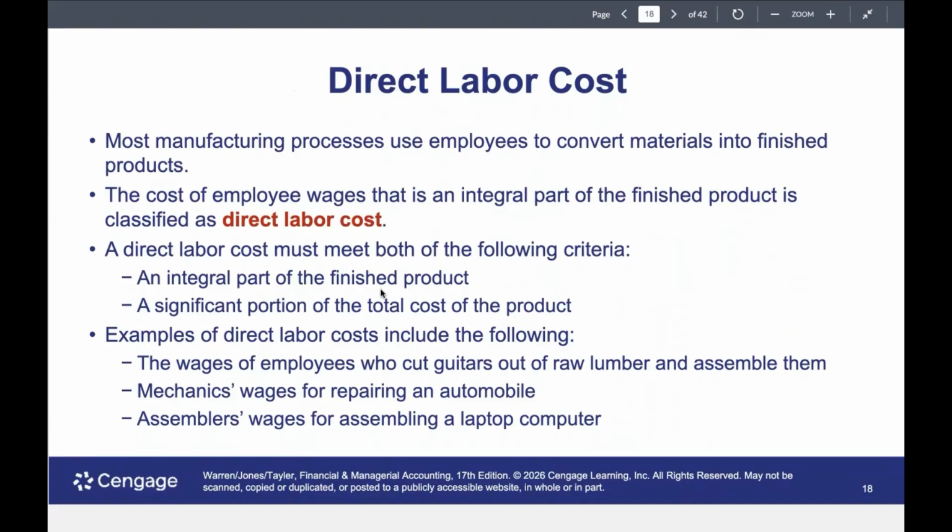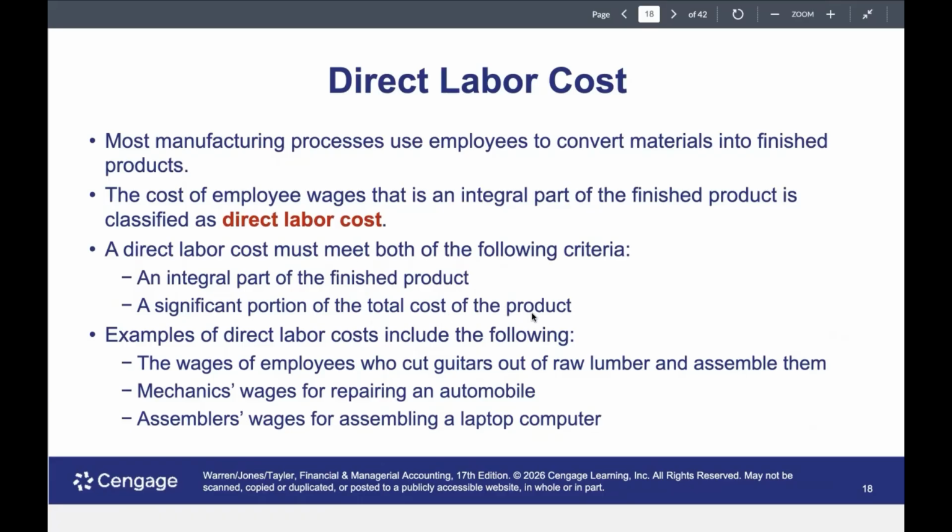So the cost of employee wages is an integral part of the finished product, and it is classified as direct labor cost. Direct labor cost is a direct cost. Okay. But for it to be a direct labor cost, it must meet these criteria. It must be an integral part of the finished product, meaning it can be traced back to the cost object, and a significant portion of the total cost of the product.